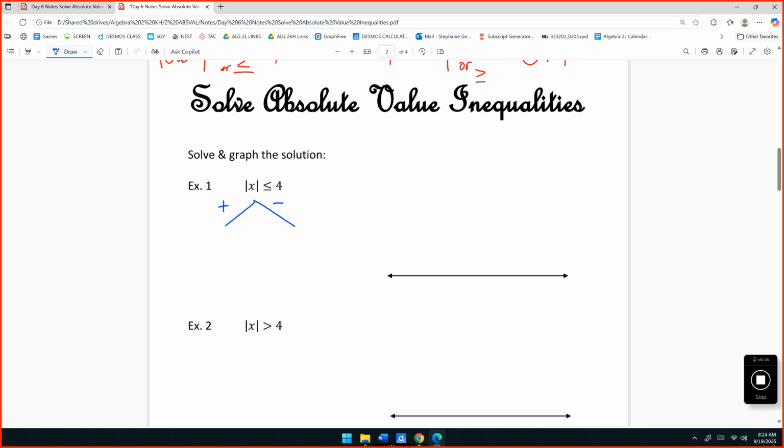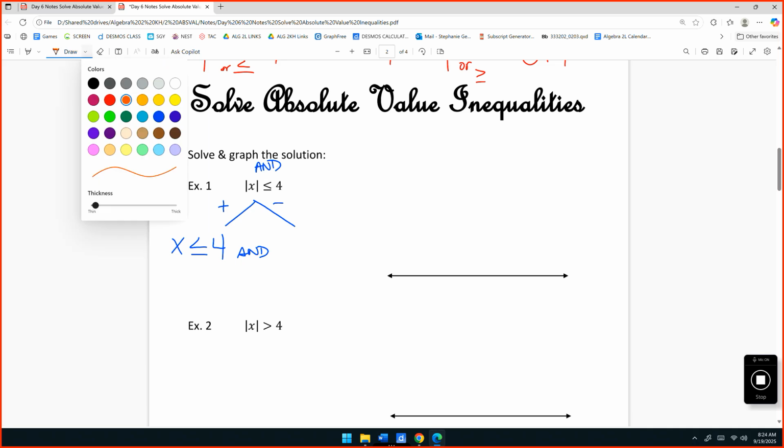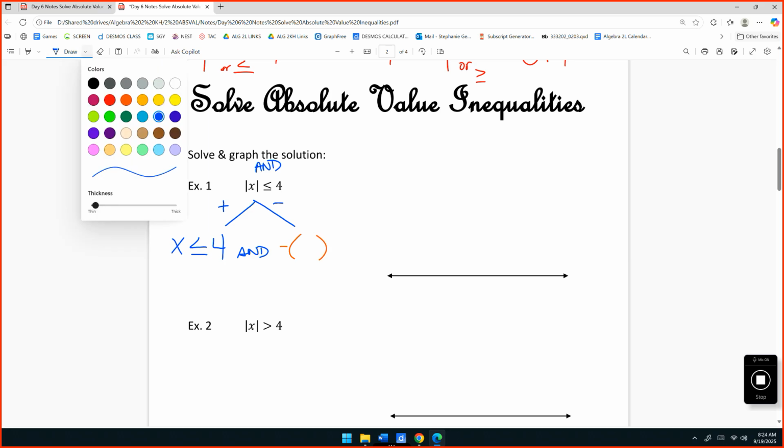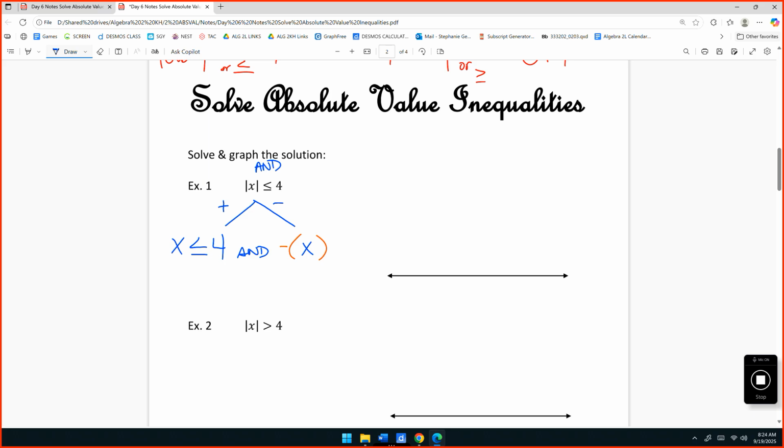So this side would be x is less than or equal to 4. Oh, but this is a less than symbol, so this one is and. So I'm going to write and, then the negative path, negative x is less than or equal to 4.